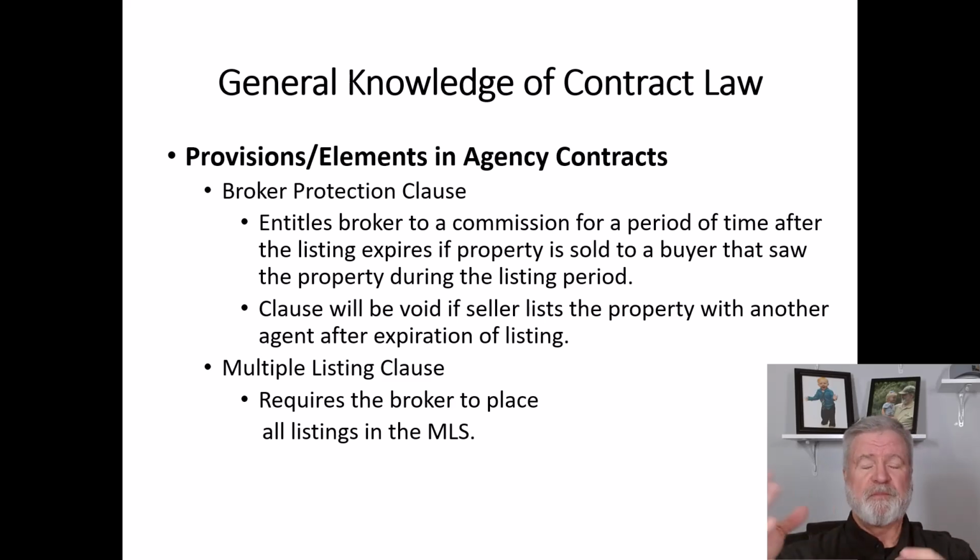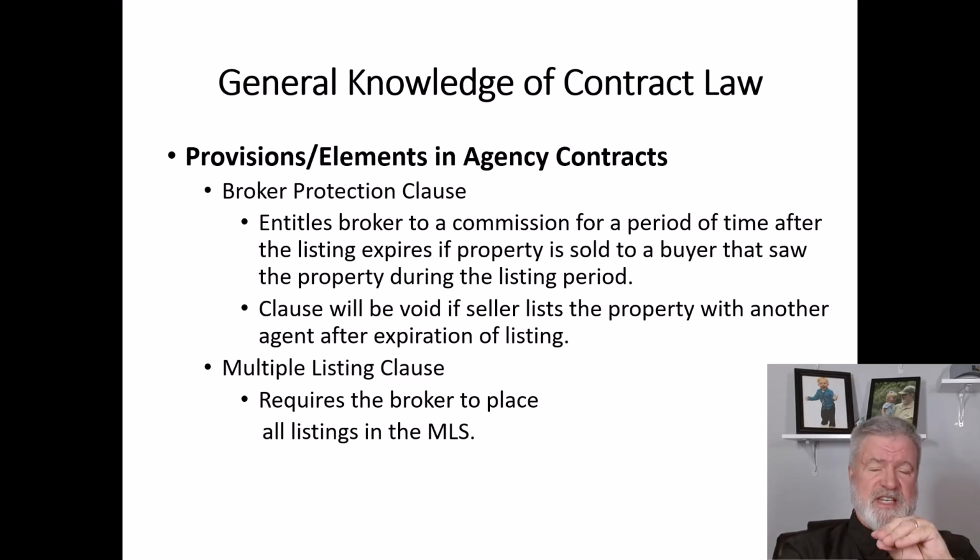You can put a month, 6 months, a year, whatever. But say it said 6 months. So buyer, if you decide to buy any house that I showed you within, say, 6 months of our agreement expiring, then you still have to pay me a commission.